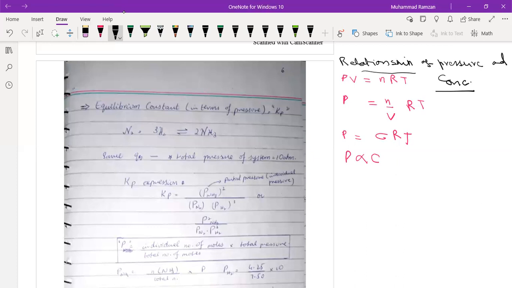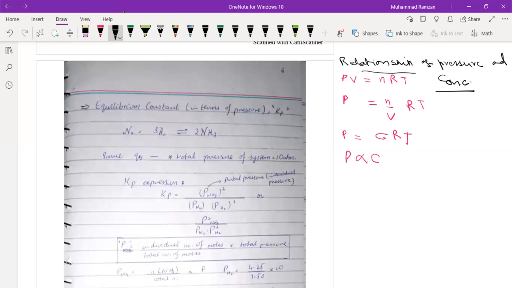So now you come to the Kp expression. The way is the same. In aqueous solution, we use the equilibrium constant Kc. But in gases, we can use either the Kc expression or the Kp expression.